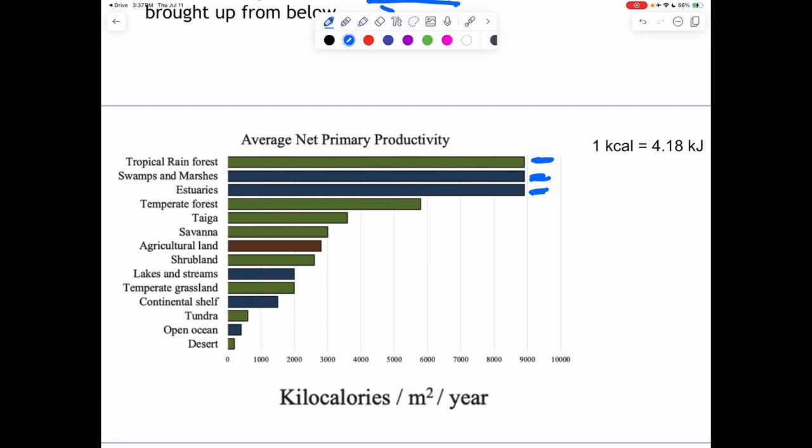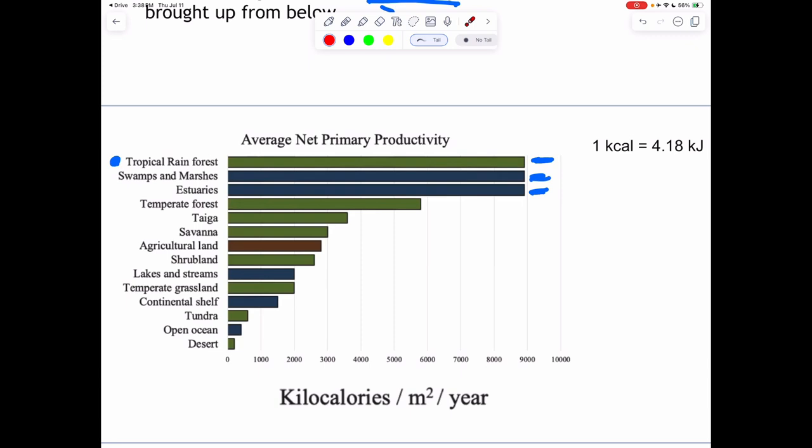In our tropical rainforest, these areas are getting so much sun, and that's increasing the amount of photosynthesis that can happen. So that has a very high NPP up in these three. Those are our top three. On the other side, our tundra, our desert, and our open ocean are not as productive, because they either don't have access to the sun or they don't have access to the nutrients needed to grow plants.